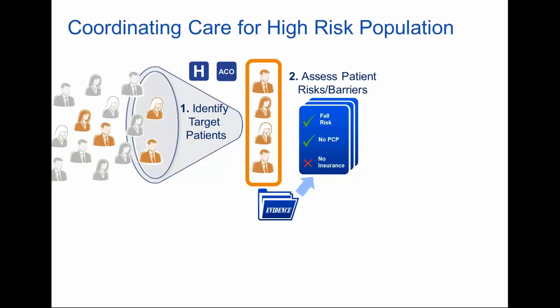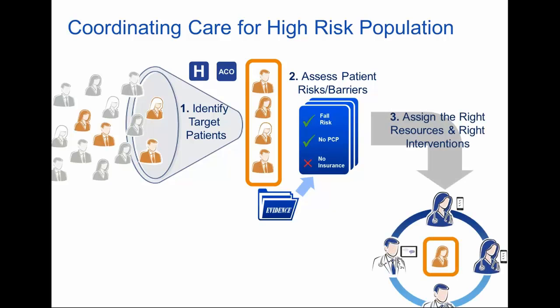At that point, we can assess those individuals for risks and barriers, and here we've identified three that are well documented in the evidence: their risk of falls and need for safety intervention, having no PCP, or having limited or no access to insurance. What happens at this point is we need to clearly delineate what resources they need, what people provide those resources, and what the evidence-based interventions are that make those people and resources more effective and efficient, and able to resolve issues for this person and their family.